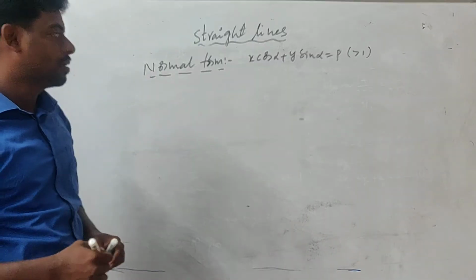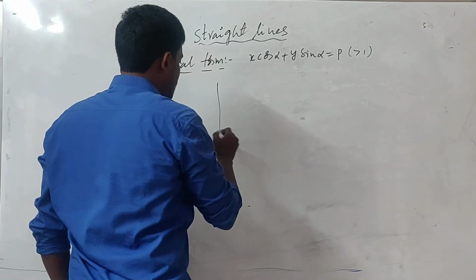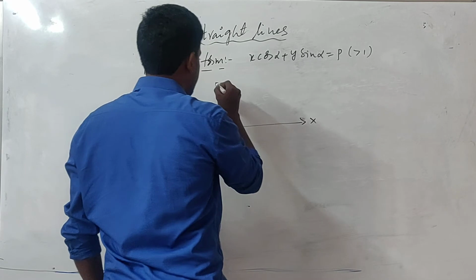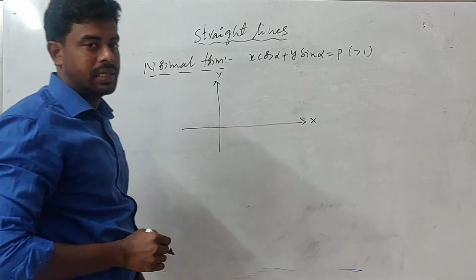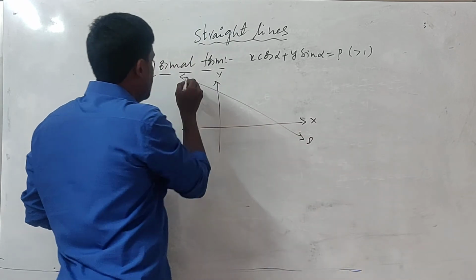How to get this? Let us take the coordinate axes and the equation of a line. Let there be a line.